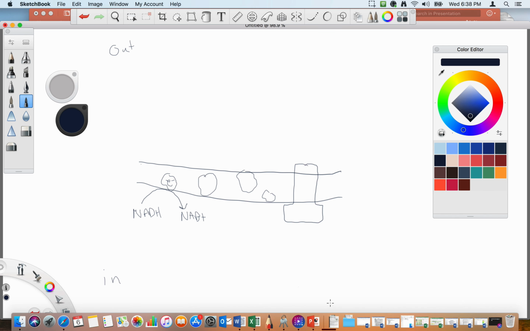As these electrons are shuttled from electron carrier to electron carrier, they'll eventually come back into the cell. We'll get back to that later. But as a result, the energy of the electrons pumps out the protons. Since we have so much of the reducing power, we have a lot of protons that are pumped out of the cell.